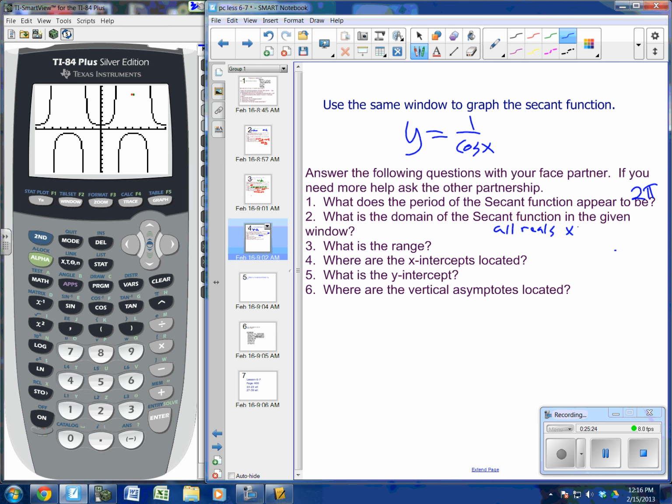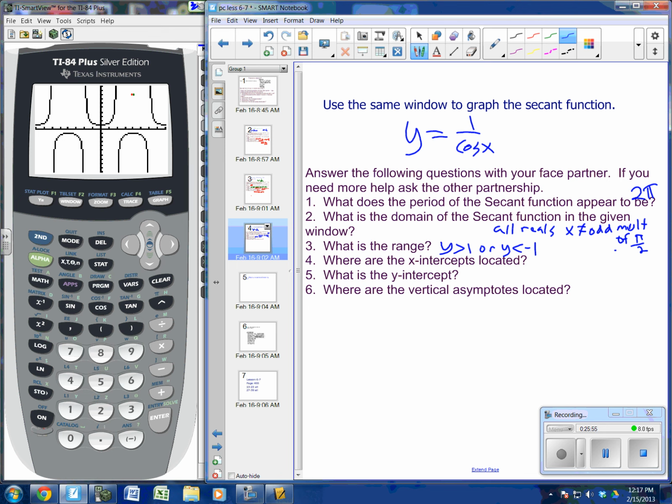X is not equal to odd multiples of pi halves. Okay, what is the range? Y is greater than 1, or y is less than -1. Remember, there's nothing in between -1 and 1 on the graph as far as the range goes.